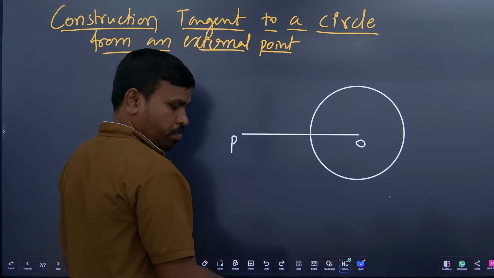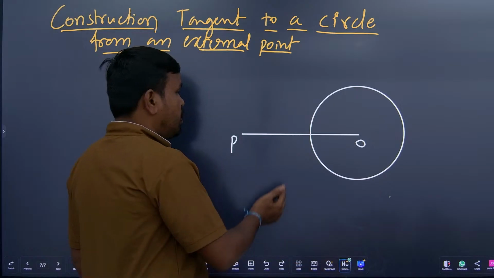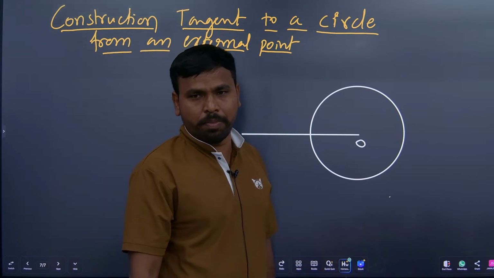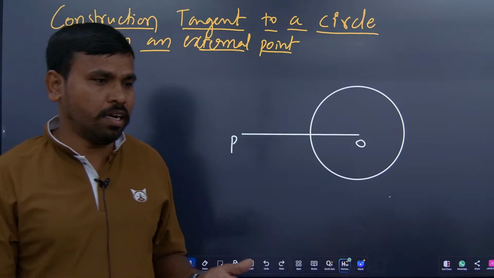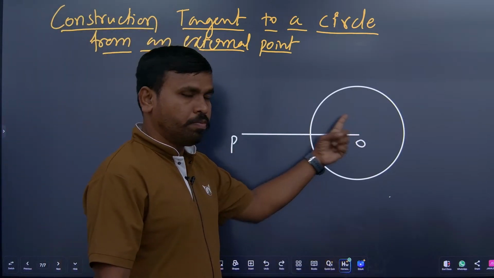Next, you need to construct a perpendicular bisector for OP. How do you construct a perpendicular bisector to this line OP?